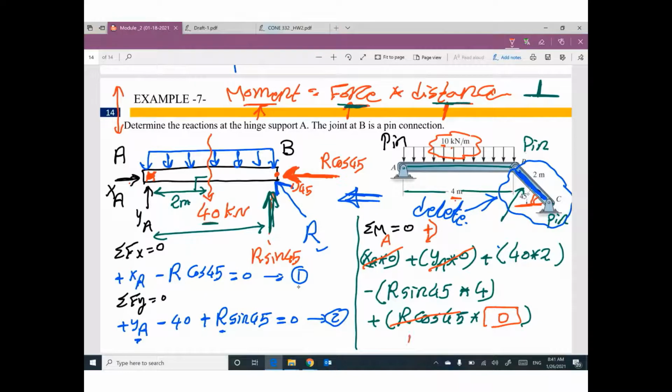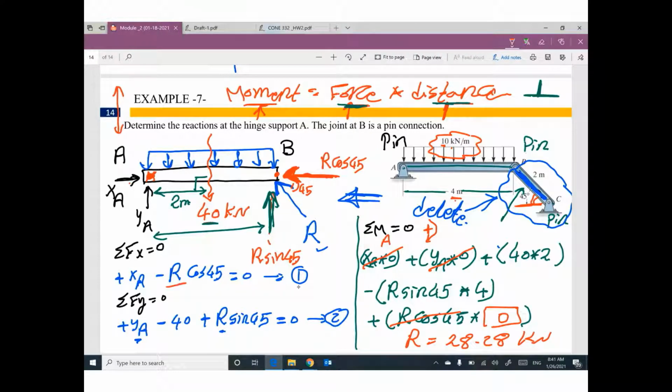The only unknown in this equation is R. So 40 times 2 divided by 4 times sine 45 degree, R equals 28.28 kilonewton.